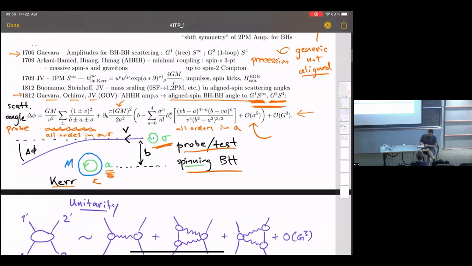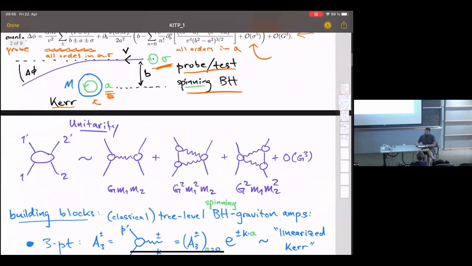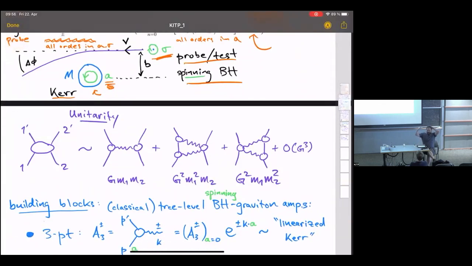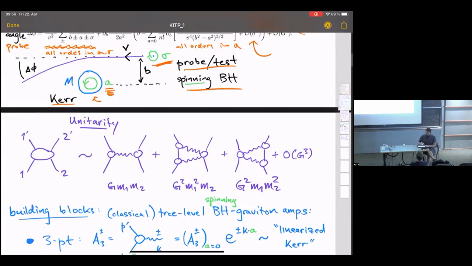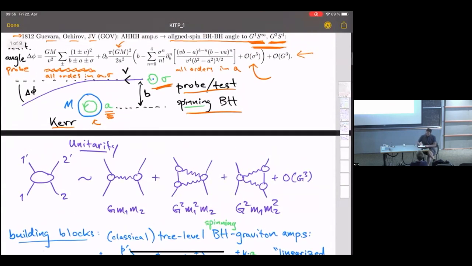It went back to these two papers. Let me focus on this first paper by Alfredo, which was stressing that even perhaps with high orders in spin, a two black hole scattering process, so black holes come in, black holes go out, through order g squared, at least the important parts of it can be described by a scattering amplitude, and the important parts of that scattering amplitude really only consist of these three contributions.